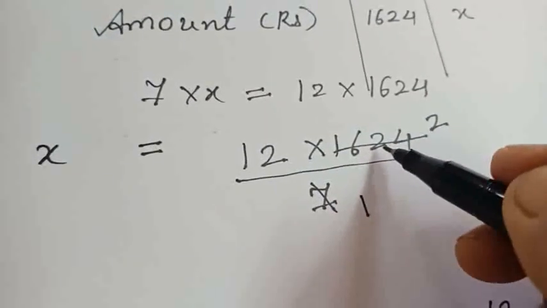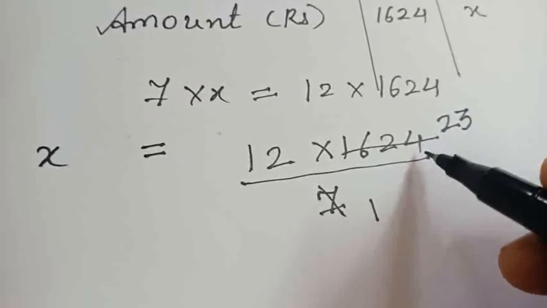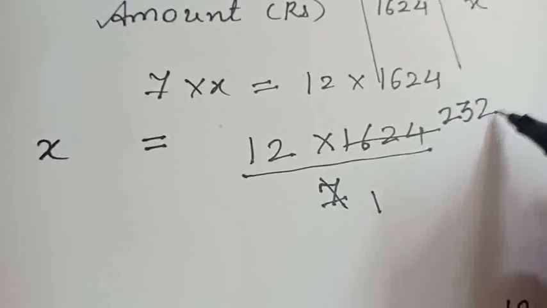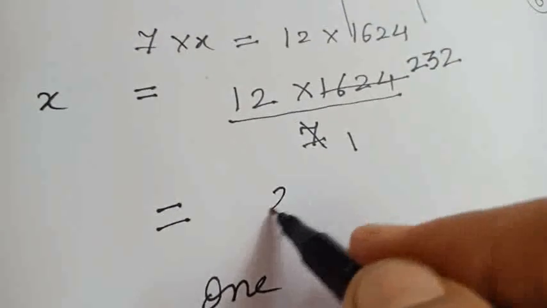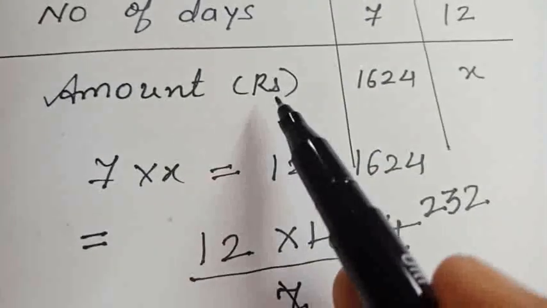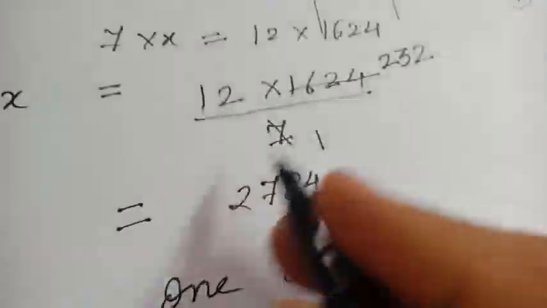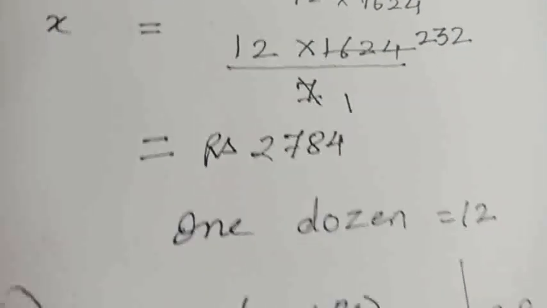Then remains 2, it becomes 22. So 7 3s are 21 and now it is 14. So 7 2s are 14. So 12 into 232 comes equals to 2784 and the unit of it would be rupees. So rupees 2784 is your answer.